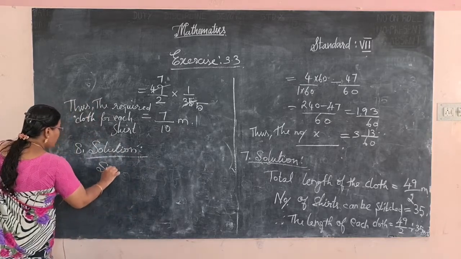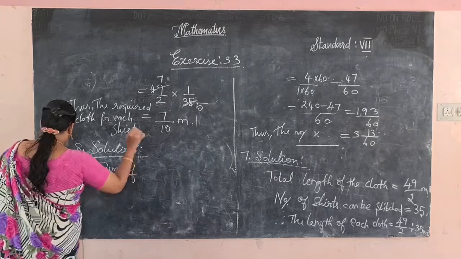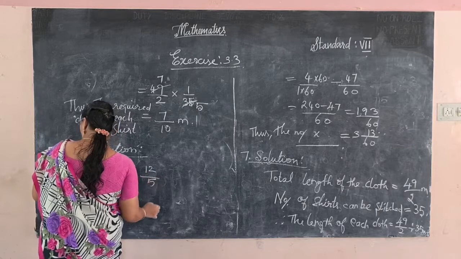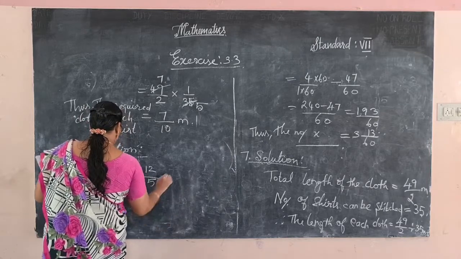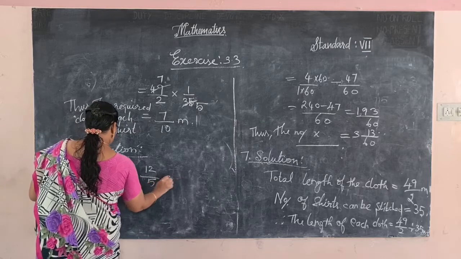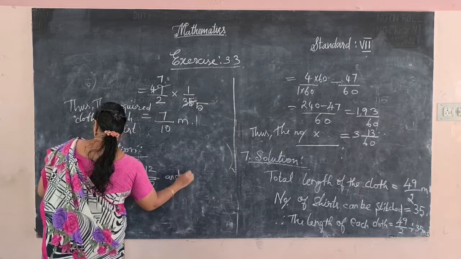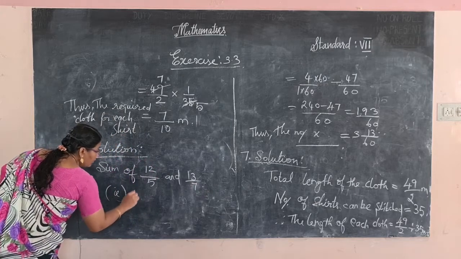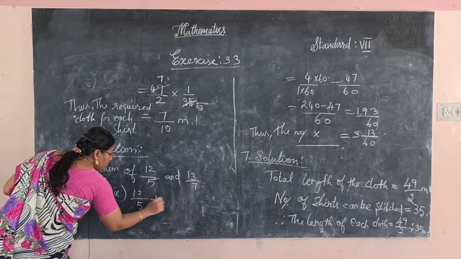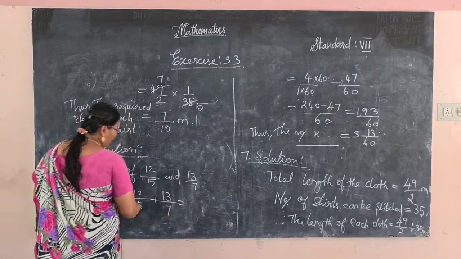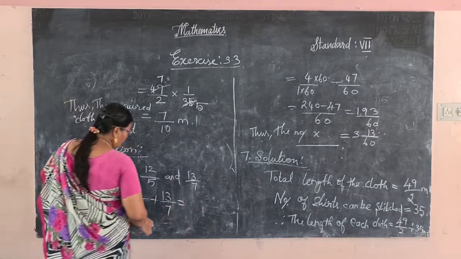Okay, so the sum of 12 by 5 plus 13 by 7 is equal to, you have to take the LCM of 5 and 7. What is the value?